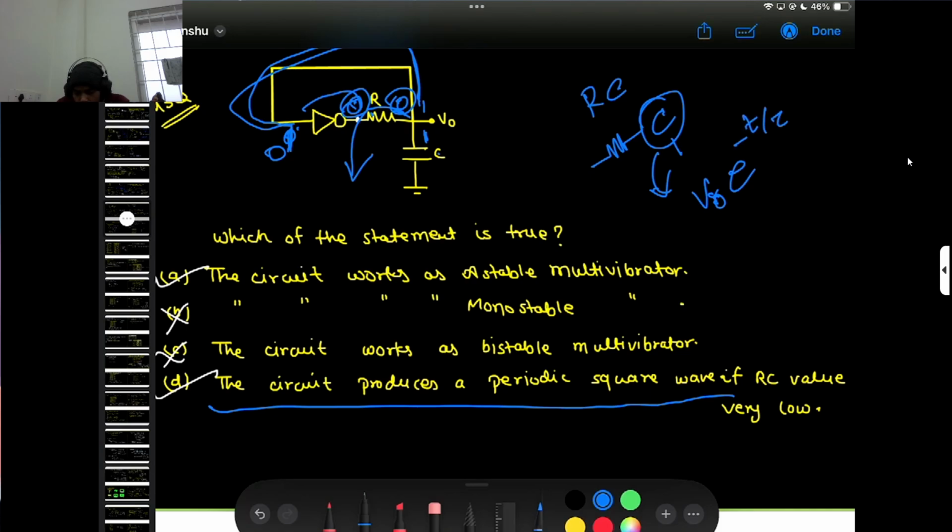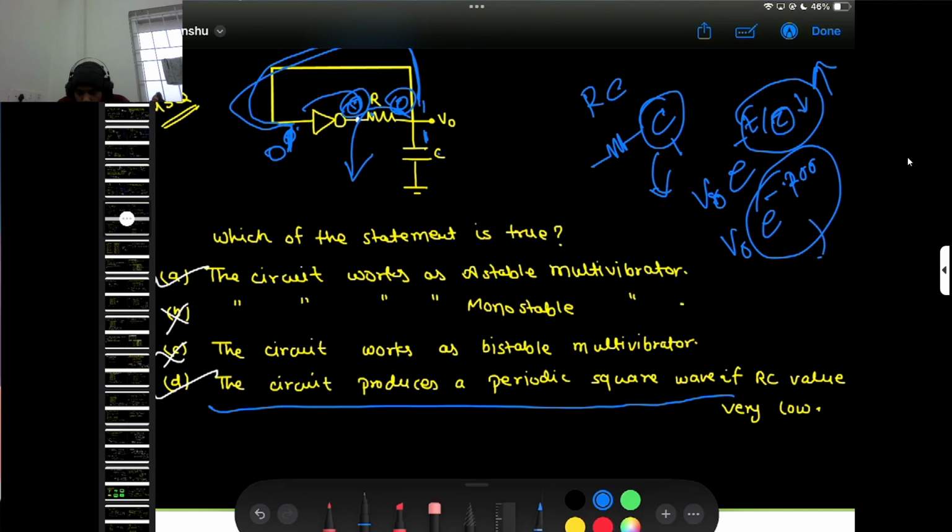If my tau is very small, then t by tau is very high, so e to the minus something like 100 is almost 0, so overall it is 0.